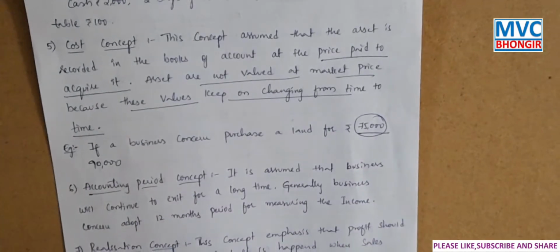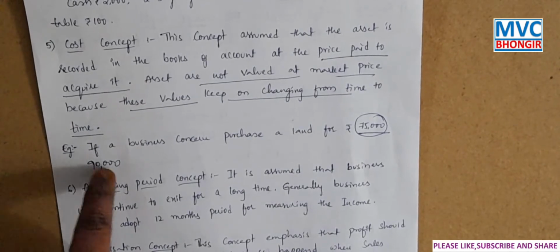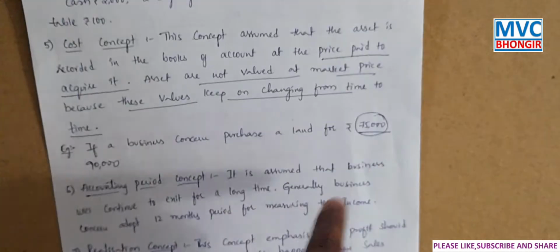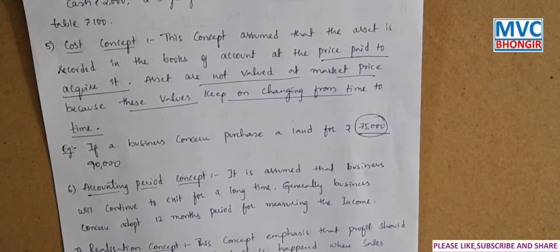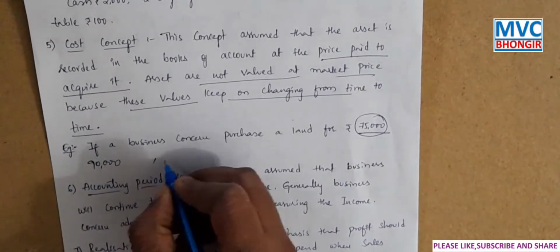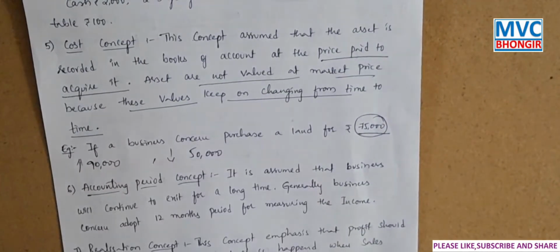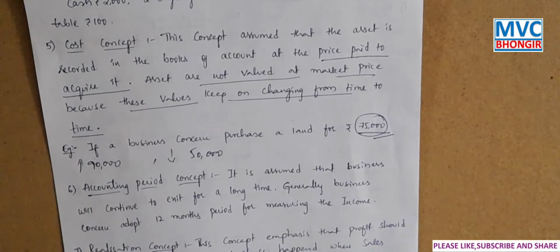While writing the accounts, the land value is rupees 90,000, but we should consider the 75,000 only. In case a year later the market value of the land decreases to 50,000, then the business concern will show in its books rupees 75,000 and not the 50,000. That is the cost concept.